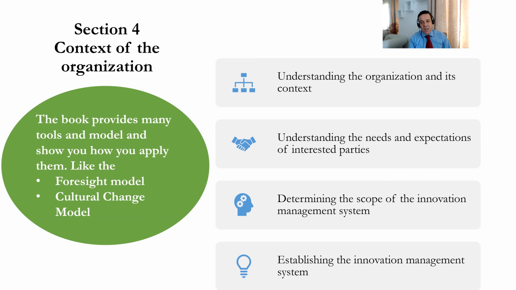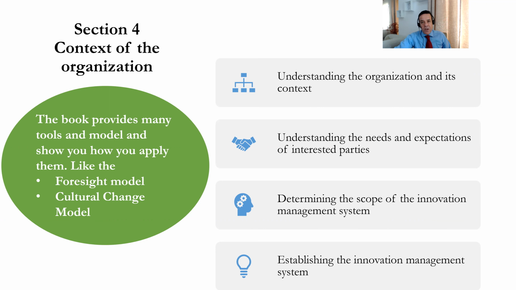And that section talks again about the context of the organization, how you can understand the needs and the expectation of the interested party. The interested party is simply the different stakeholders that are engaged with you, and then how you can define and determine the scope of the innovation management system before you even start putting it together.